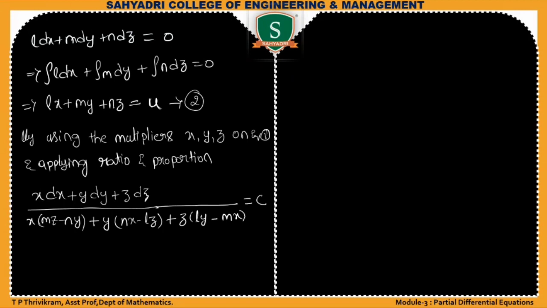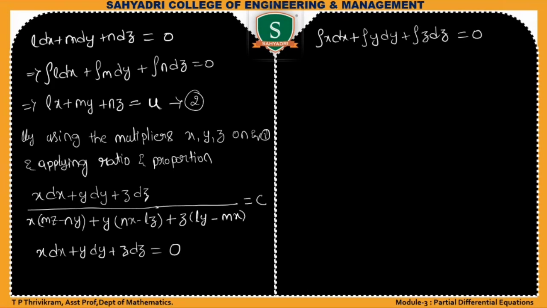Now if you add all this, you'll get 0 in the denominator. So the numerator x dx plus y dy plus z dz is equal to, if you send this 0 to the right hand side, 0. Now apply integration: integral x dx plus integral y dy plus integral z dz equal to 0.